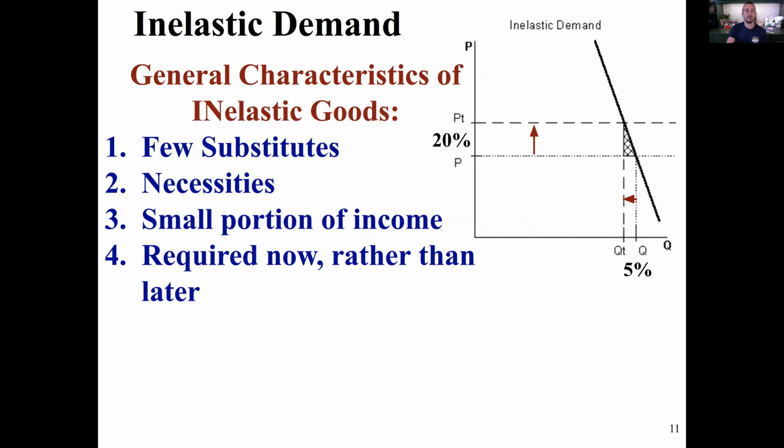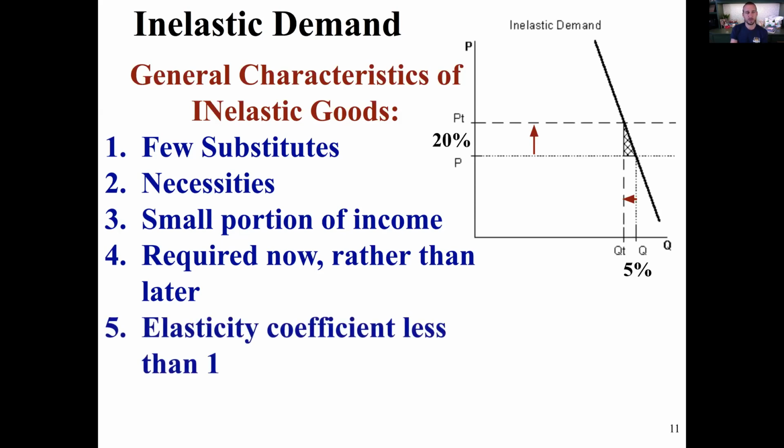And so if I have a heart attack and I've got a blockage in one of my arteries, I need that cleared. I can't say, well, I'm not going to pay 10 grand for that, I'm just going to wait. I will literally die. And so if it's required now, it's more inelastic than if you have the luxury of waiting. And then it has an elasticity coefficient less than 1.